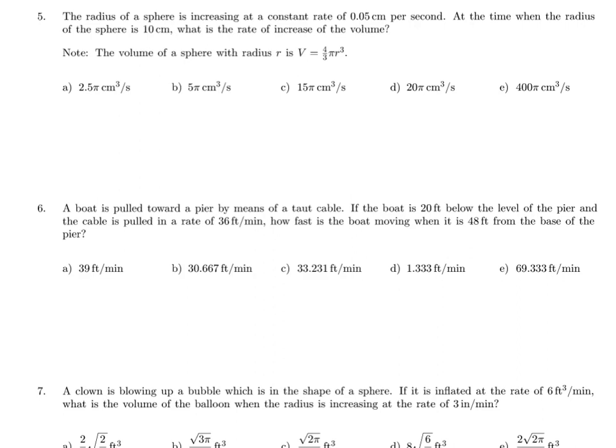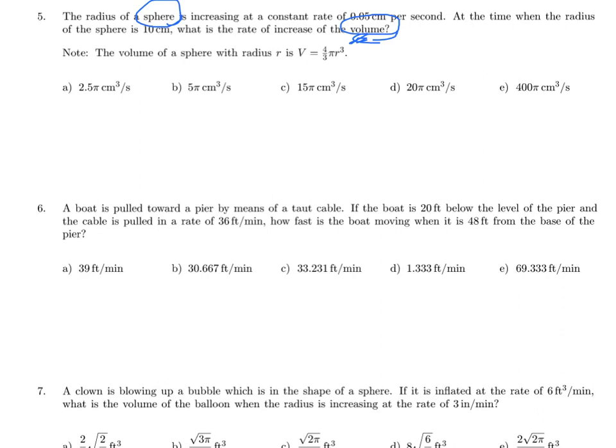In number 5, we're dealing with a sphere whose radius is increasing at a constant rate of 0.05 centimeters per second. And at the time when the radius of the sphere is 10 centimeters, what is the rate of increase of the volume? So we need some formula for the volume of a sphere. Oh, they gave it to us. The AP test will also give you formulas for volumes of spheres.